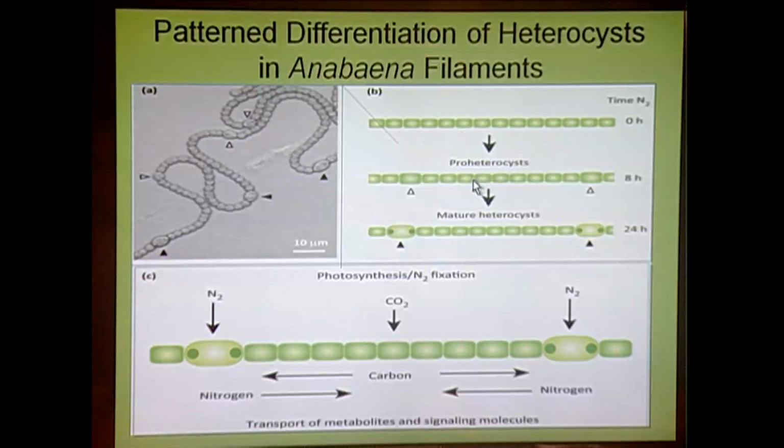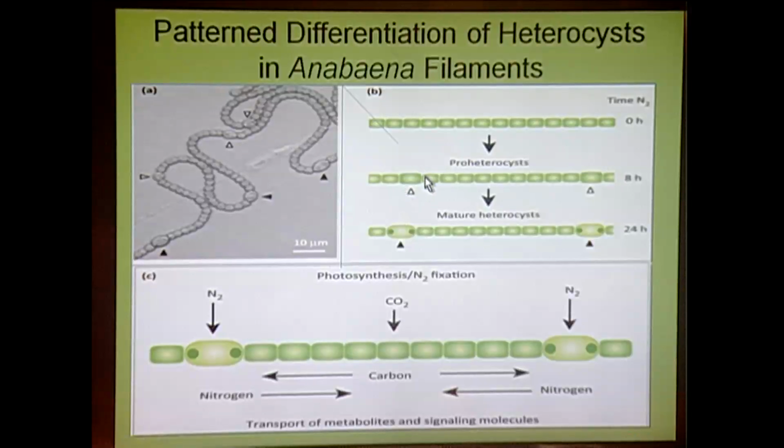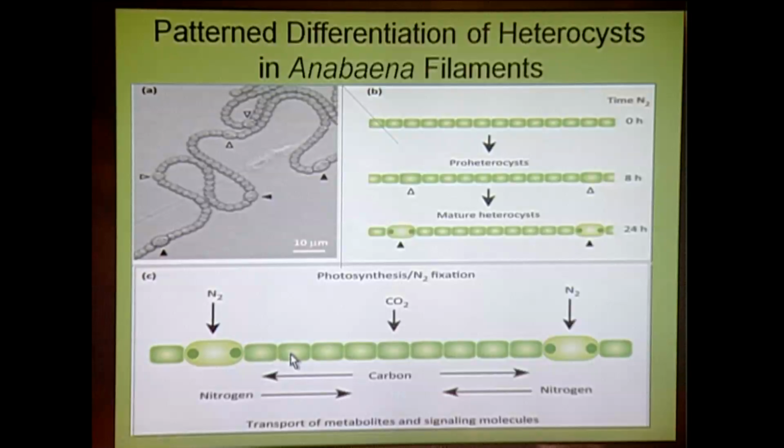Then some of the cells show gradual enlargement. As the cell enlarges, it develops new material, and this new material produces the mature heterocyst. The mature heterocyst does not show any photosynthetic activity, it is only involved in nitrogen fixation, and for that the nutrition is supplied by the vegetative cells in between, which may be the akinetes or other vegetative cells.